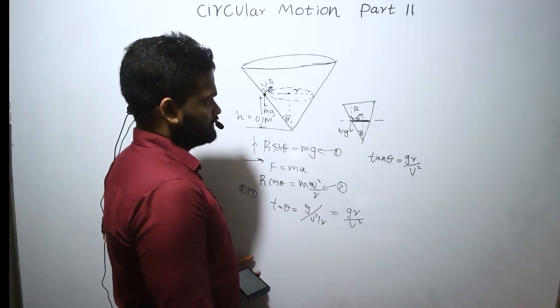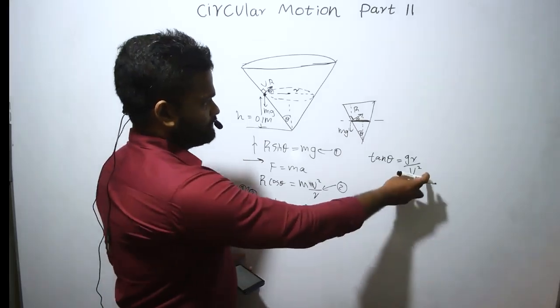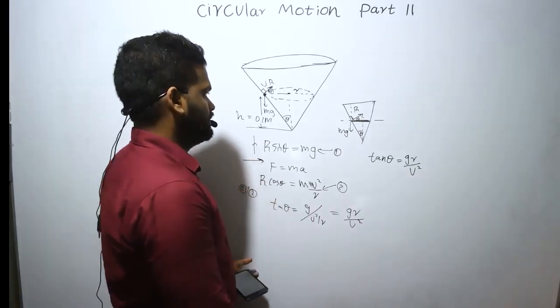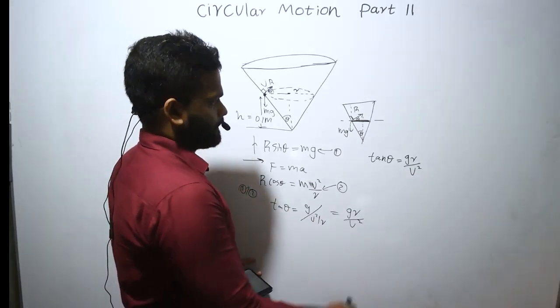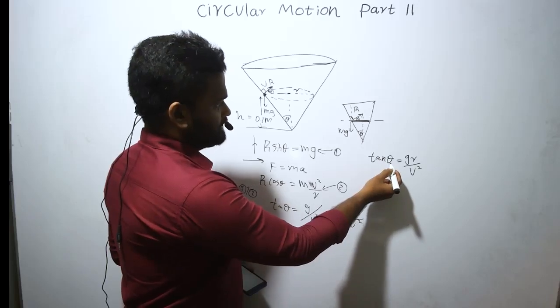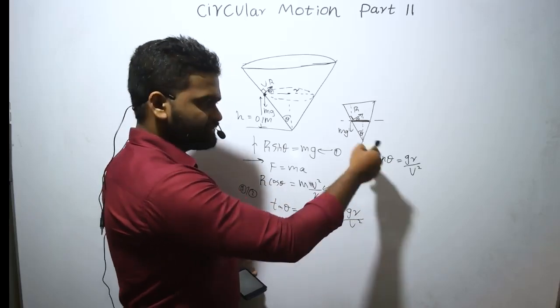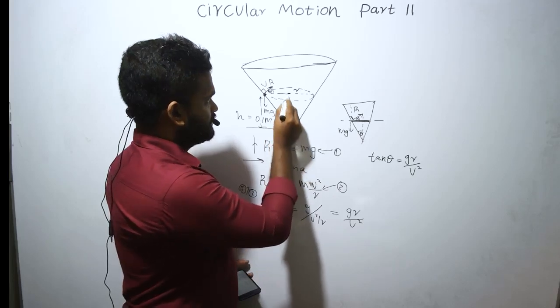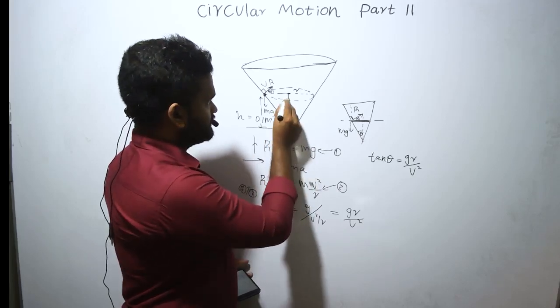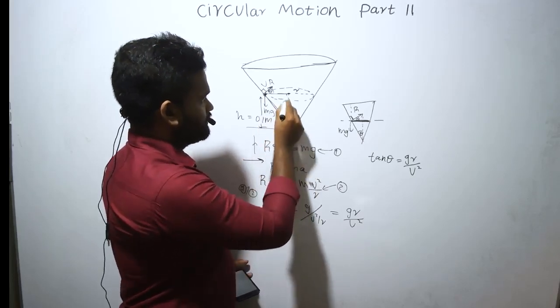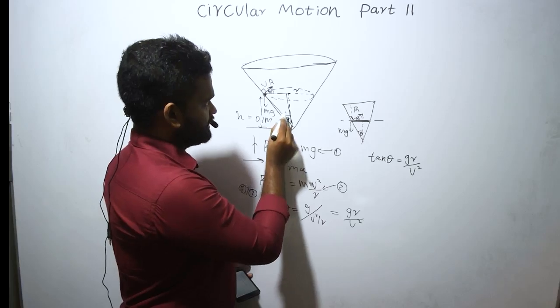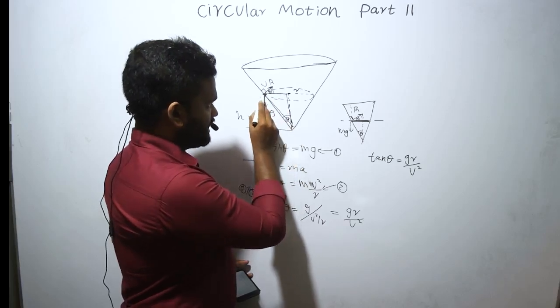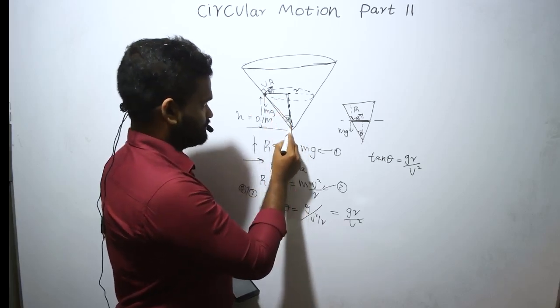Here what they ask is v squared. First, I'll write tan theta in a different way in terms of these lengths. So what is tan theta? Just think about this triangle. Here you have theta, the opposite side is r, the adjacent side is h.